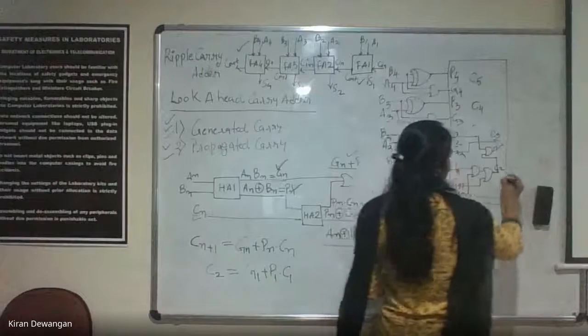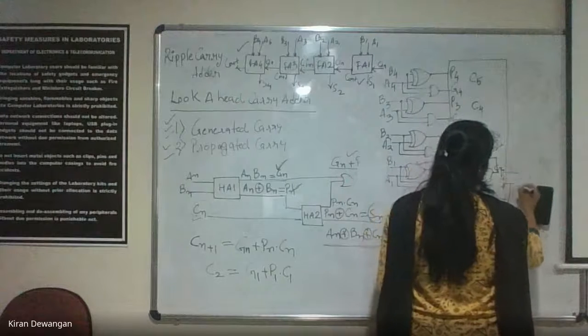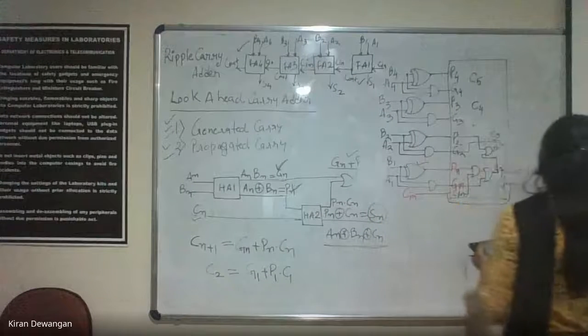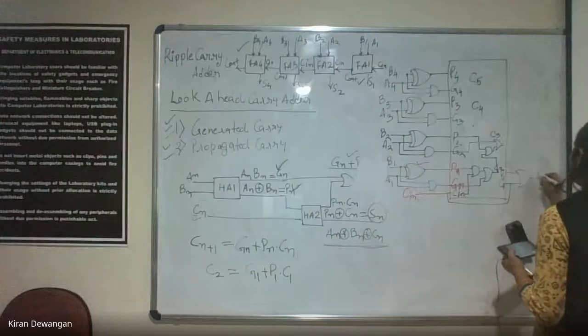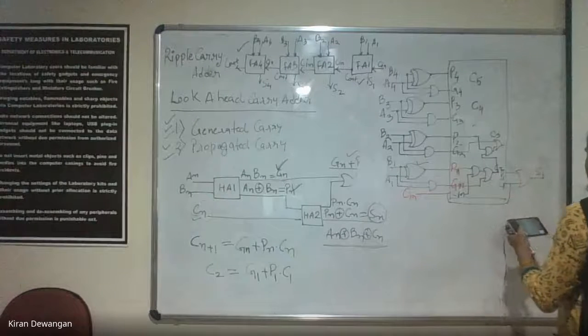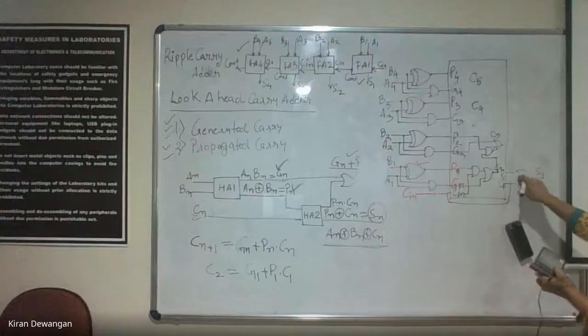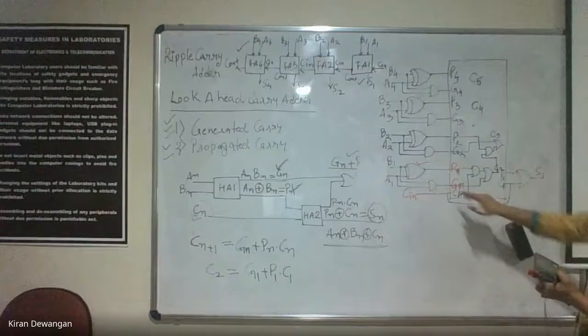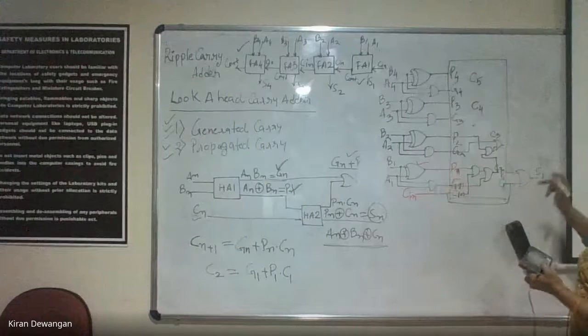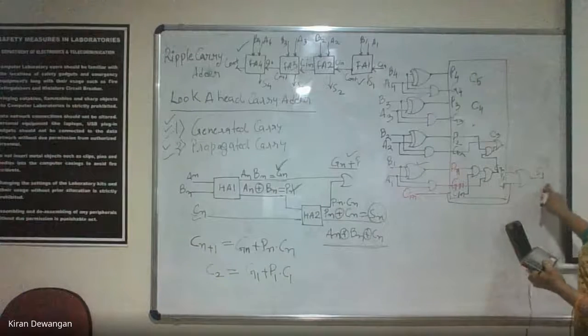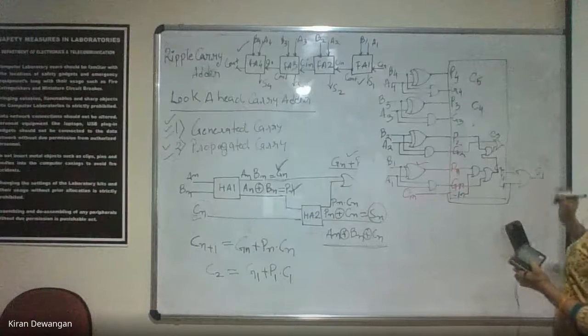C1 and P1. These two getting XORed to produce S1. ठीक है, so यहाँ से C1 is given and here it is P1. P1 is already generated, propagated carry, and it is producing S1.